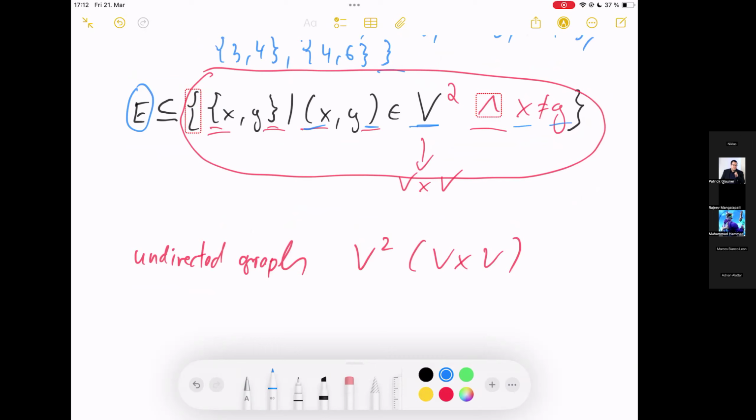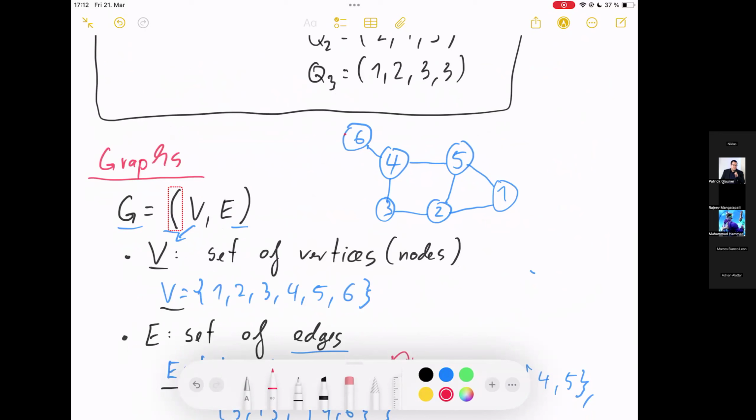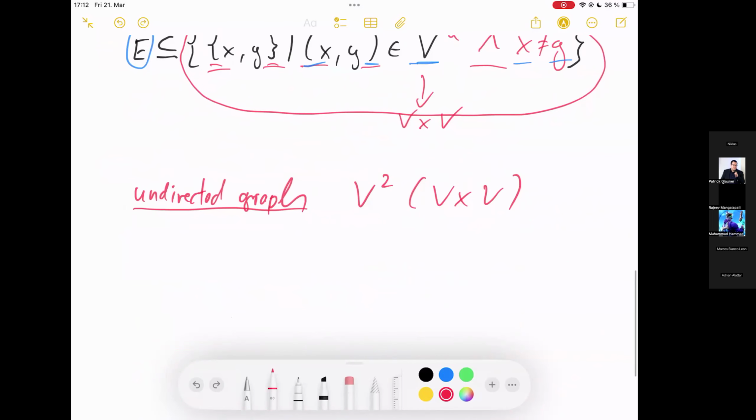And actually, so far we have worked with undirected graphs, because later we may also add some direction in a graph, so that one direction is from one vertex to the other, so the edges are directed. But right now we're not thinking yet about that.